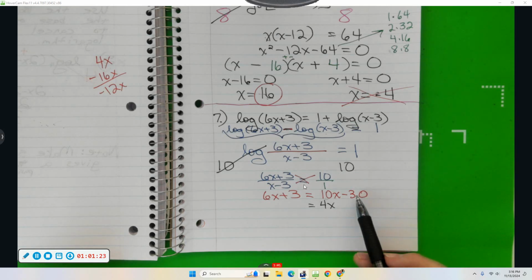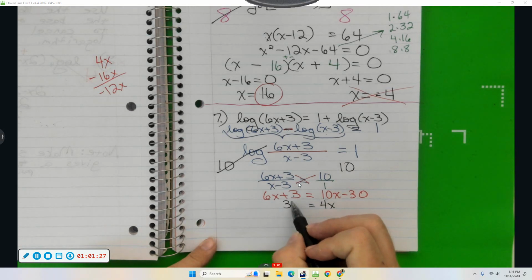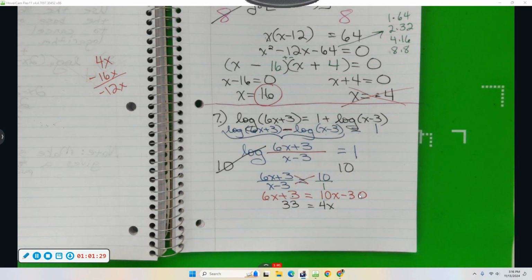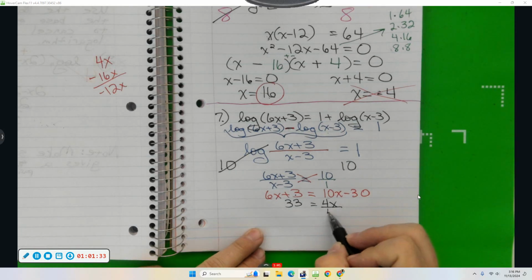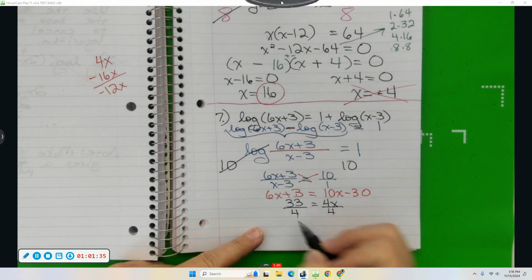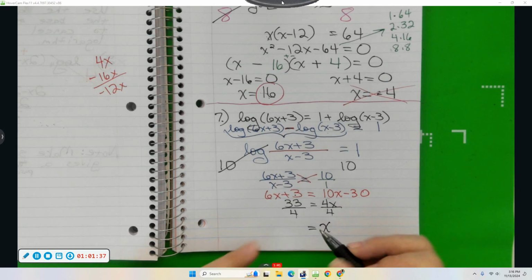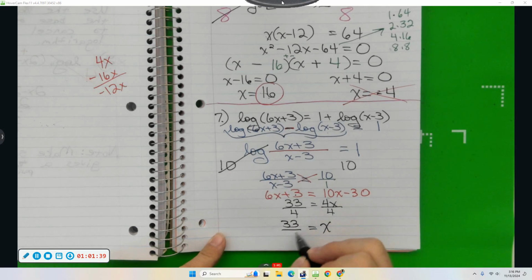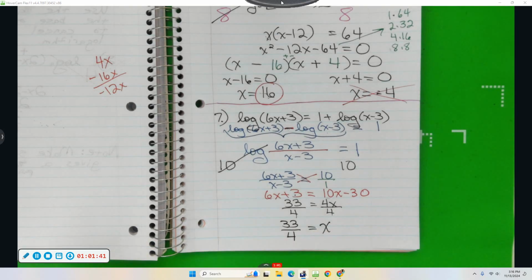That'll become a positive 30. 30 plus 3 gives me 33. And then divide by 4 to give me x equals 33 over 4.